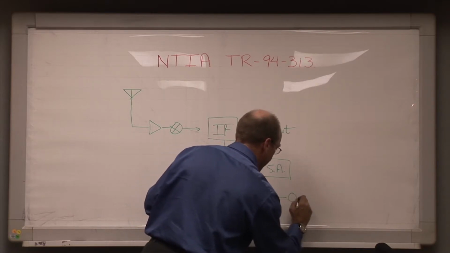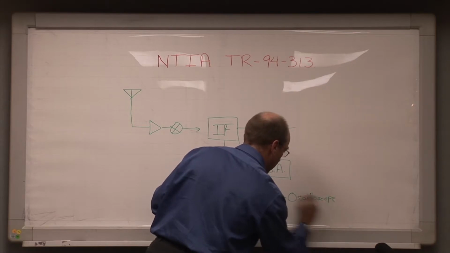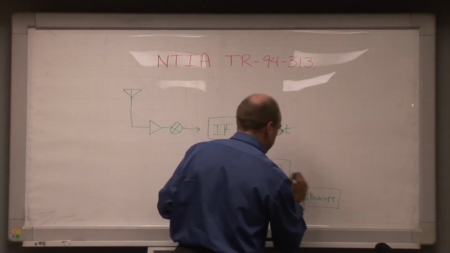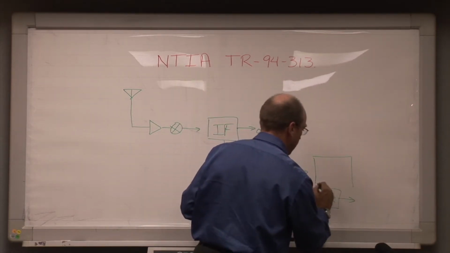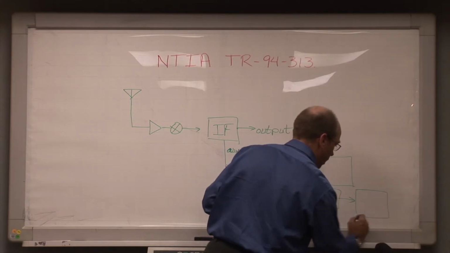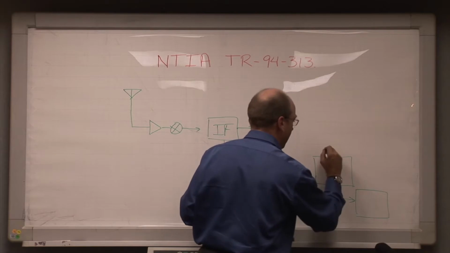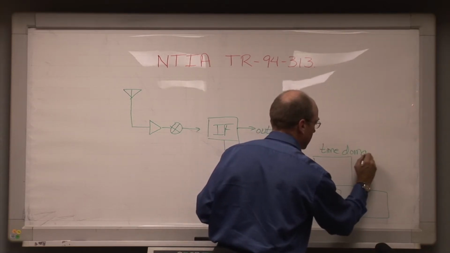And then into an oscilloscope, like so. And in either case, coming out of these boxes, what we will do is generate a display, and we'll look at this in the lab session, and the display will be a time domain display in both cases.